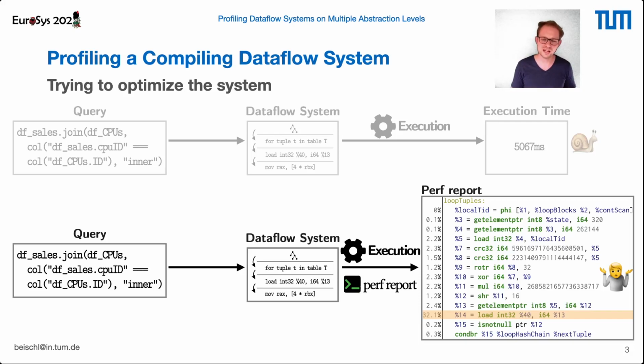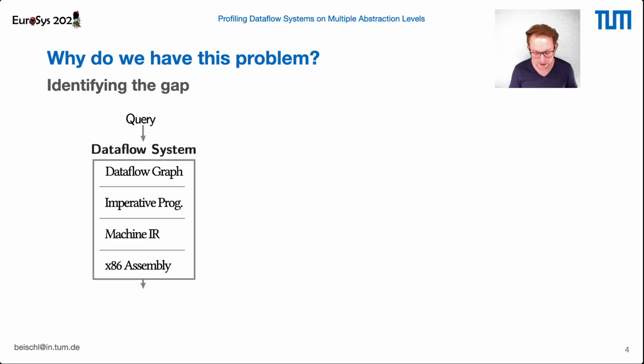But why can't we just attribute our profiling results to the components of our dataflow system like we do it all the time in traditional systems? The reason is the following. Compiling dataflow systems take a query and transfer it to a dataflow graph. Then they perform multiple consecutive lowering steps to perform complex optimizations like operator fusion or reorderings.